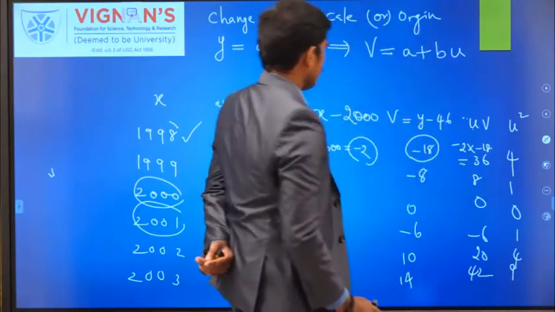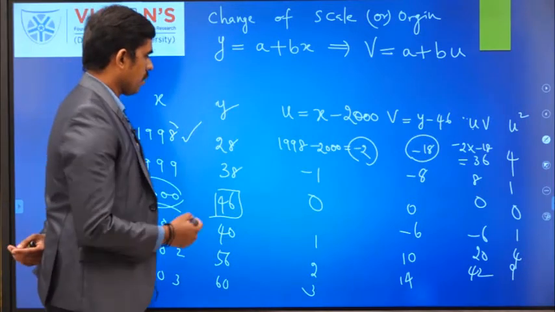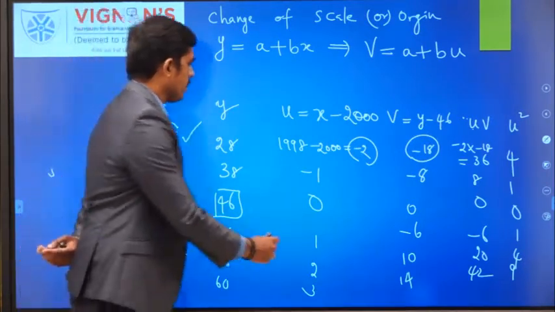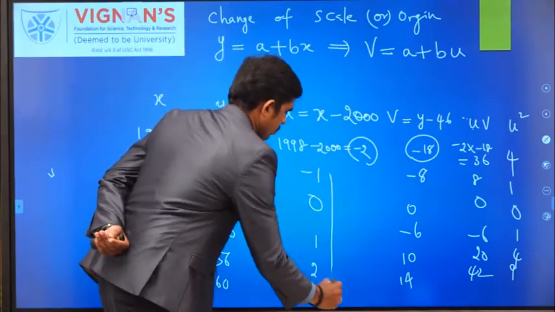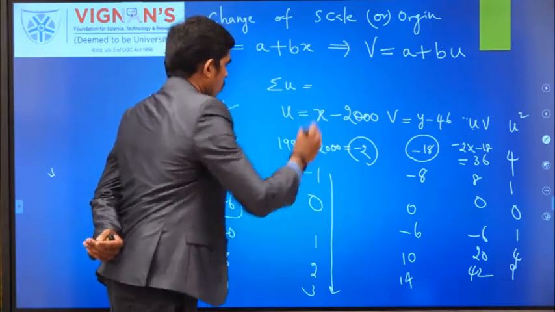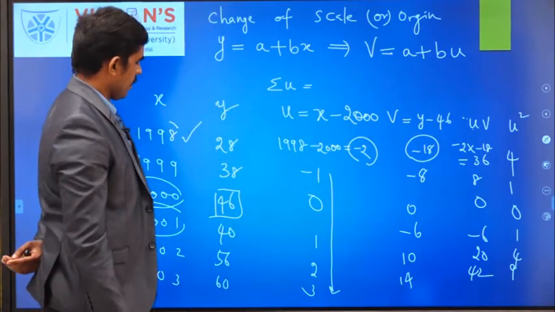Then you add each corresponding column. There is no need of summation x and summation y here; you need summation u. Adding all these values, summation u is 3.